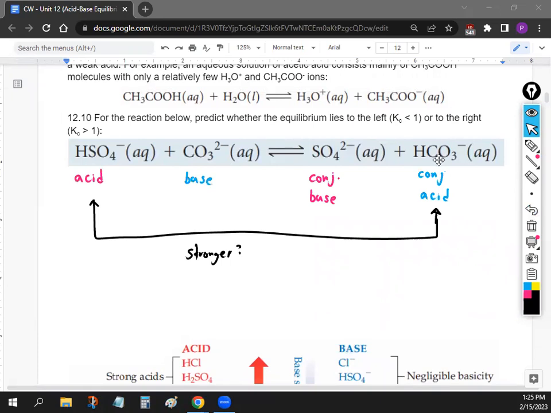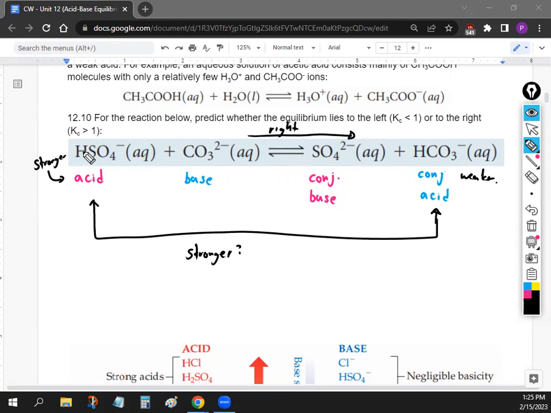Let me label it just so we have it. This one is stronger, and this conjugate acid is weaker. Since this compound is a stronger acid, it's going to push equilibrium towards the right, because it wants to dissociate more than this one wants to dissociate.